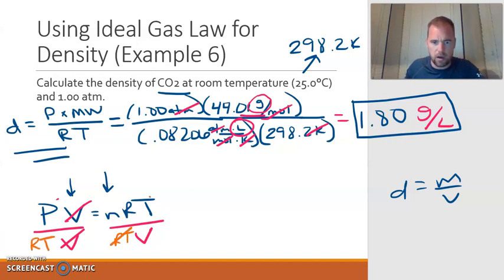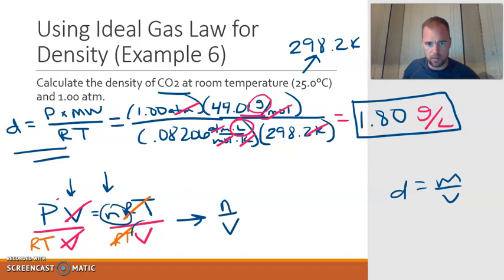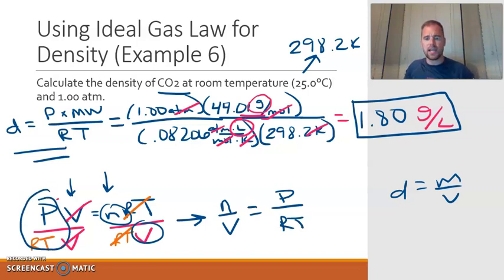So that'll cancel out RT there. And so this hot mess that I just drew right here ends up getting rewritten as moles over volume, that's what was here, is equal to pressure divided by R and T. That was over here. So this is the ideal gas law. We've just moved some things around.